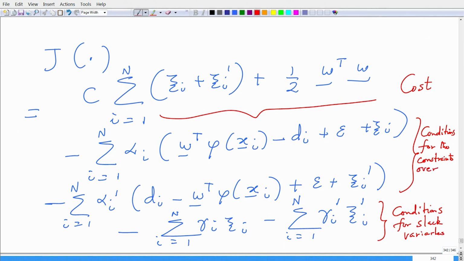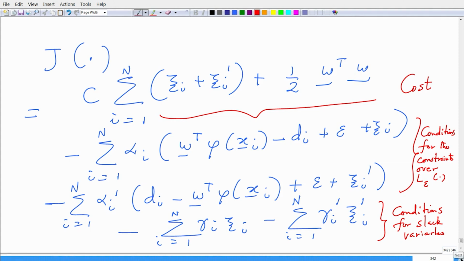So these are conditions for the constraints over the epsilon insensitive loss function. Okay. I do not want to read out the terms. If you can see through it, you can visualize that the last 4 expressions are for the constraints, and the first 2 expressions are towards the cost.